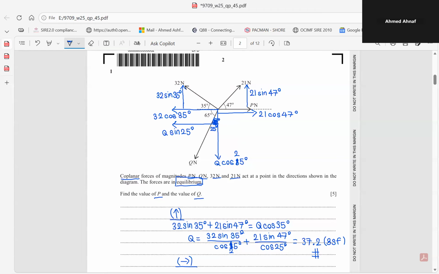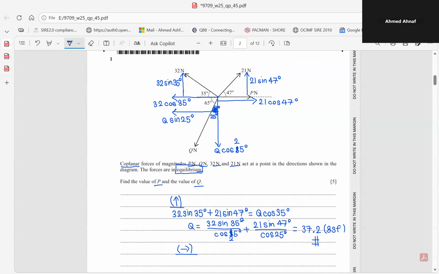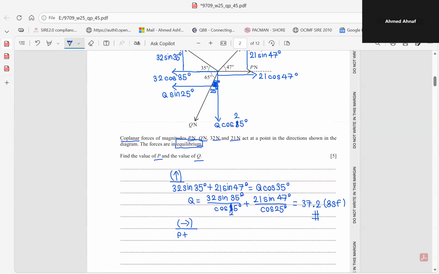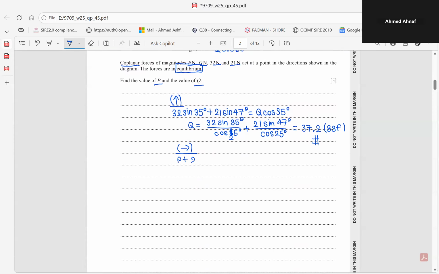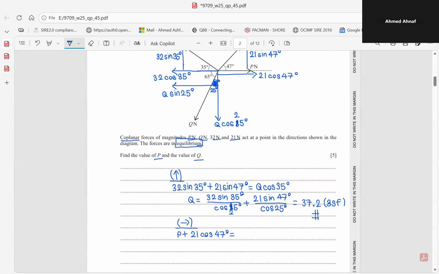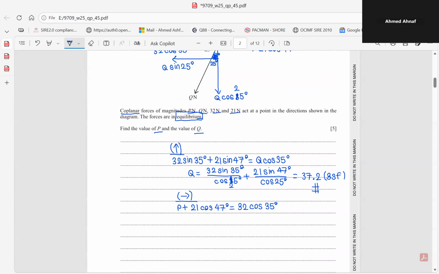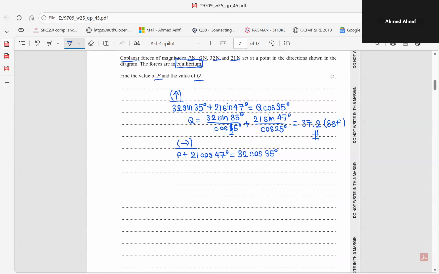So it's going to be P plus 21 cosine 47 equal to 32 cosine 35 plus Q sine 25.